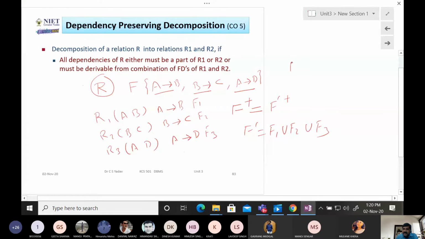We will not write that if F equals F dash then dependencies are preserved, because element-wise we can't compare. If all these FDs are satisfied by these FDs, or all these FDs are satisfied by these FDs, then you can say dependencies are preserved.